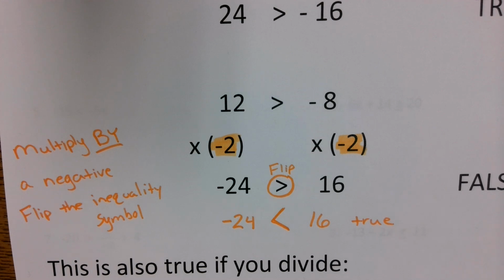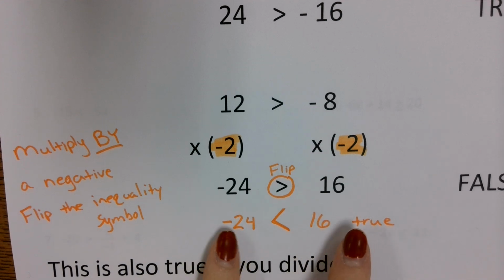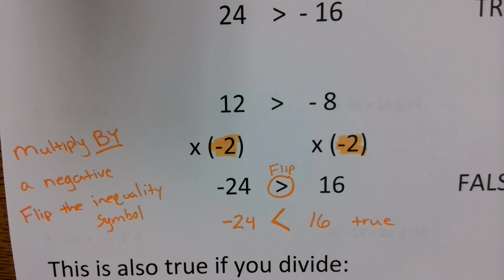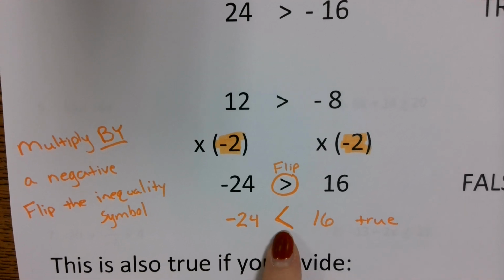Okay, so that's the only time that we are dealing with something a little bit different than when we are dealing with equations. Solving is all the same. This is just one little extra step: if you multiply both sides by a negative value while you're solving, then you have to flip the inequality.